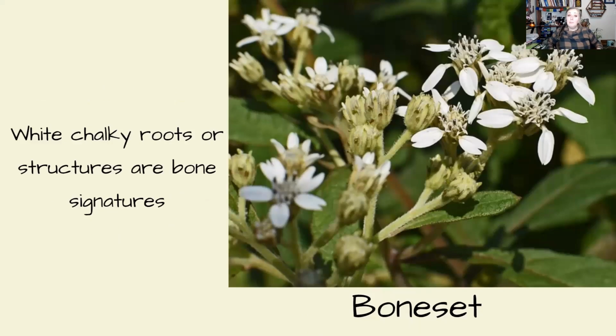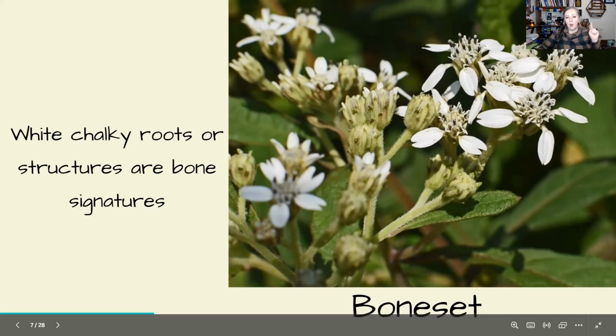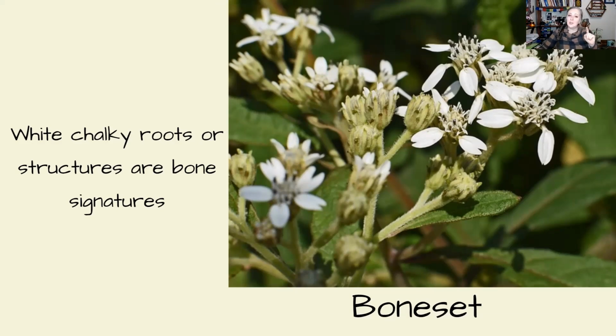So I'm going to go over some bone signatures now. I have a couple to share. White chalky roots or structures are signatures for bones, as we can see in boneset. Now, we also need to look at the name at times. Boneset is exactly what this plant is used for.